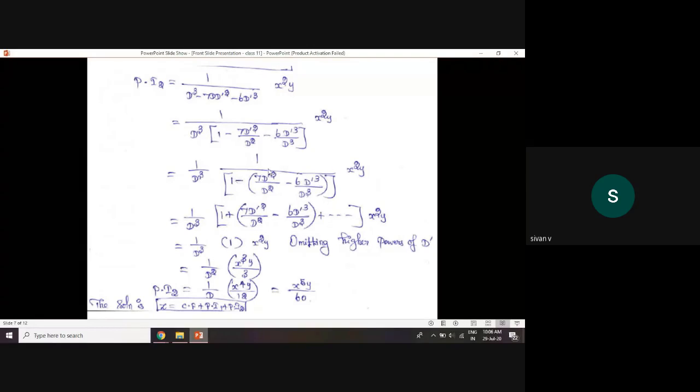When you take this minus common, it will become plus, and this term will become minus. So 1 minus 7 D dash by D square minus 6 D dash cube by D cube.